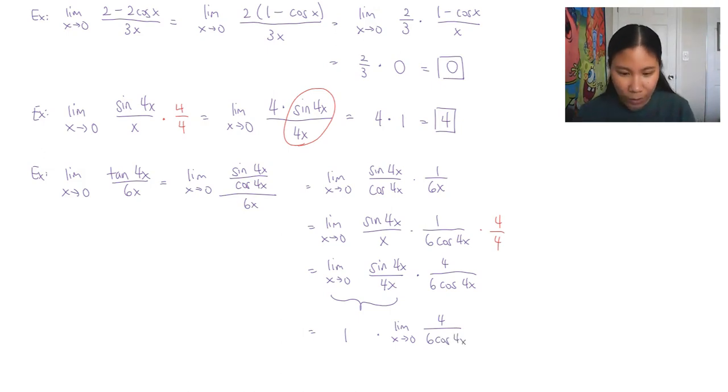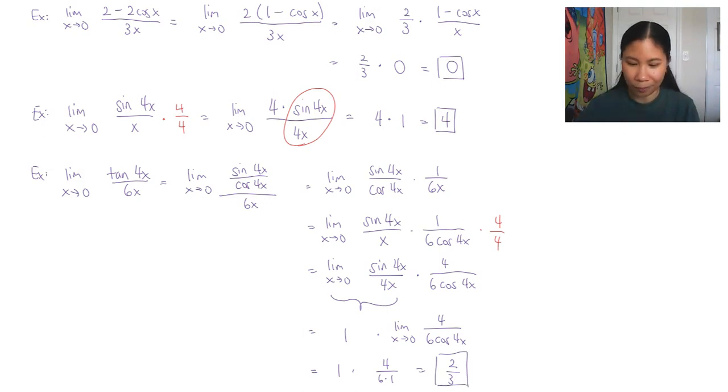Here, it's not a special limit, but I can plug it in, because if I plug in 0, I don't end up with 0 on the bottom, since cosine of 4 times 0 is just cosine of 0, which is 1. So I end up with 1 times 4 over 6 times 1, which simplifies to 2/3 when I multiply all that together.